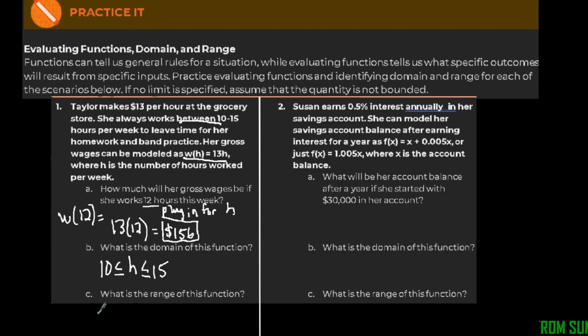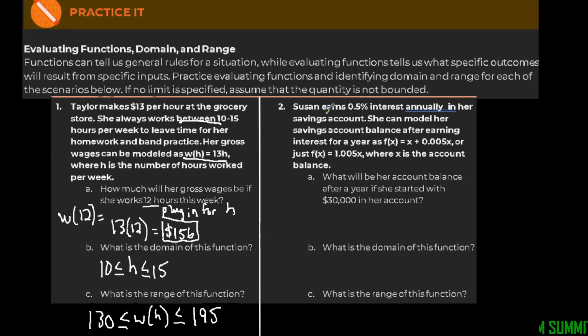Our lowest amount would be 13 times 10, which would be $130, in between W of H, which is in between the maximum, which would be 15 times 13, which would be 195. So that's how I get my range.